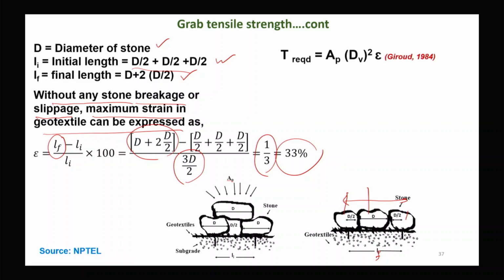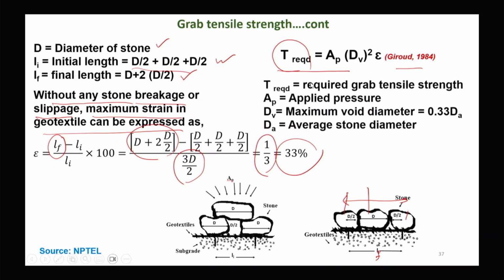Now there is a relationship proposed by Giroud in 1984, from which we can calculate the grab strength required on the textile material. So textile material grab strength is T required.